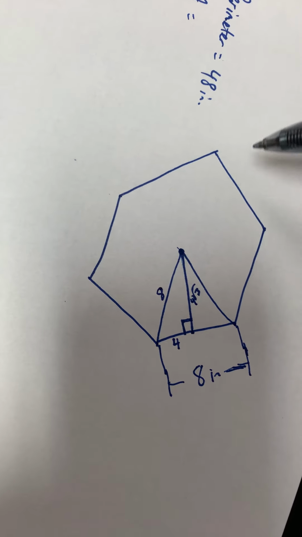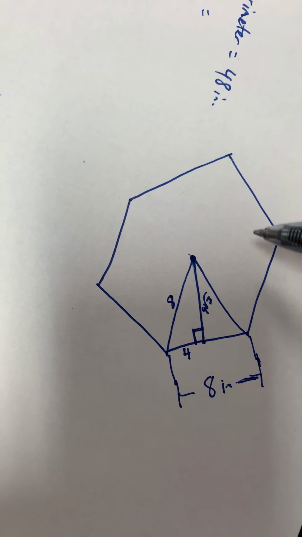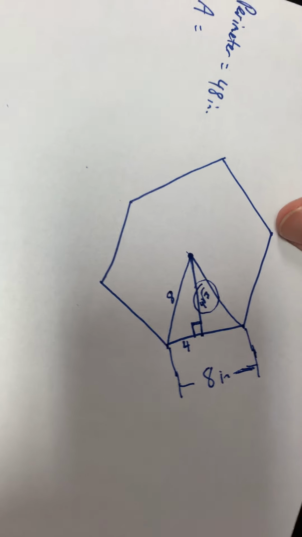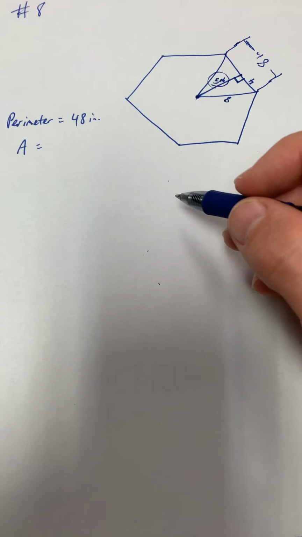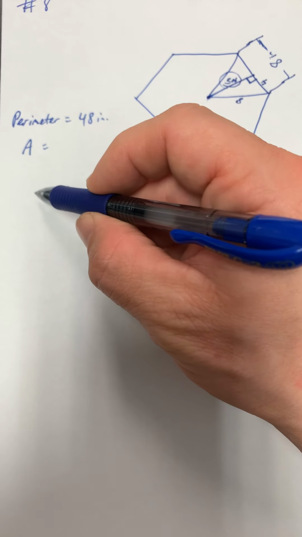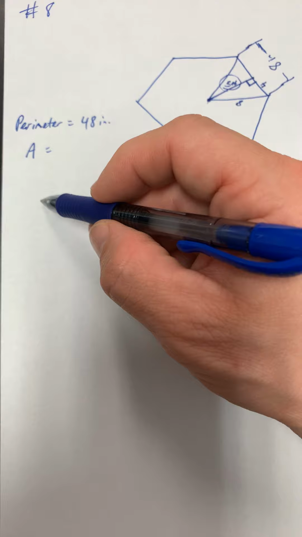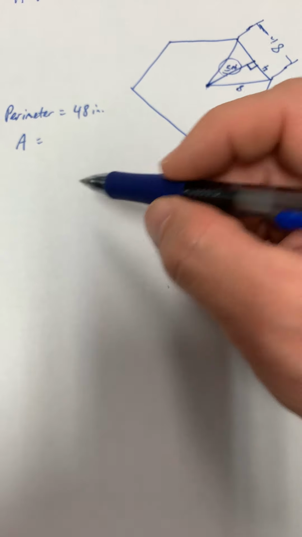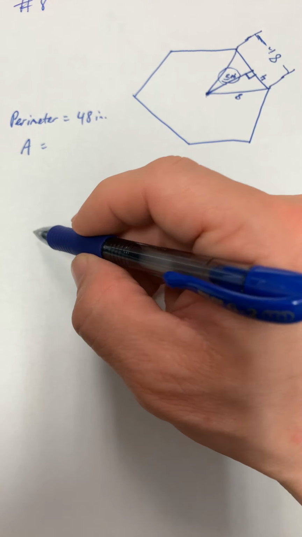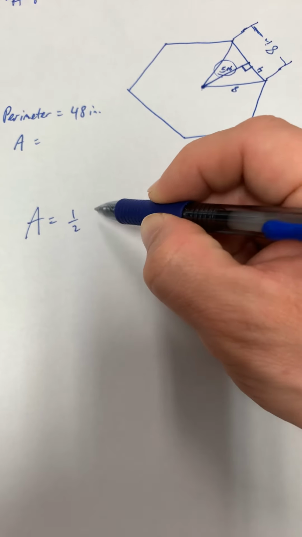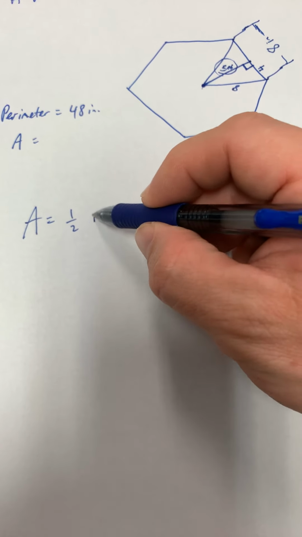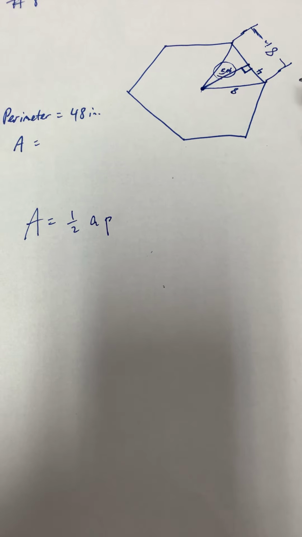Okay, but what we need is the length of the apothem, because the formula that you have for the area of a regular polygon is area equals 1/2 times the apothem times the perimeter.